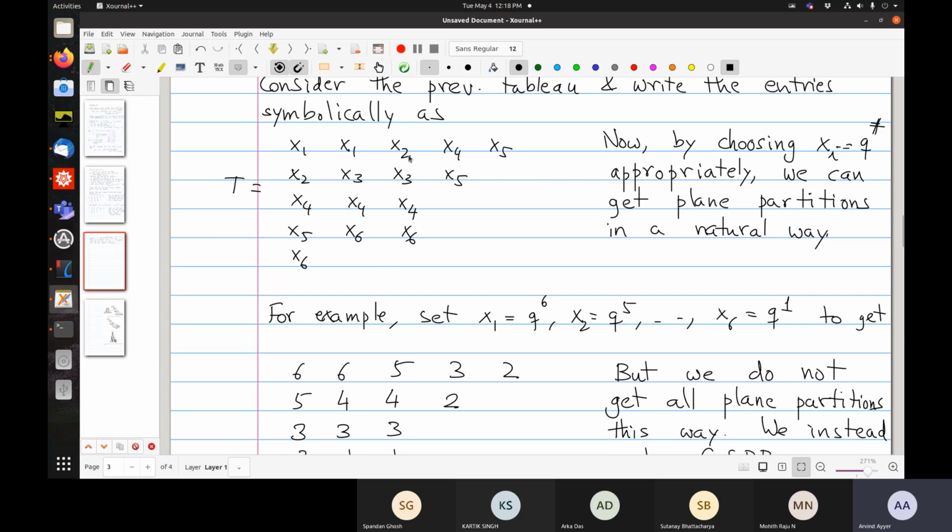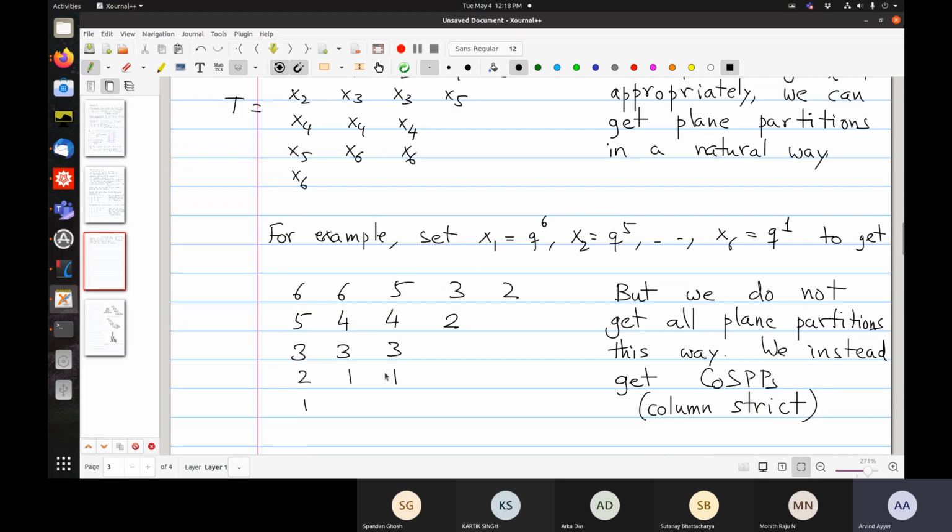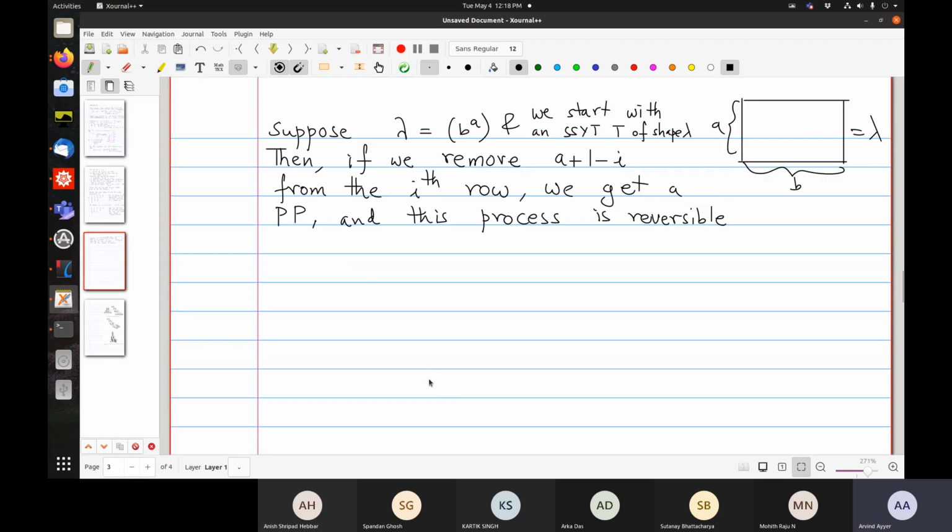The weight of this semi-standard tableau, the product of these x_i's, upon this specialization, which is a kind of principal specialization, is exactly going to give you q raised to the power of the weight of this plane partition, which is what you want.